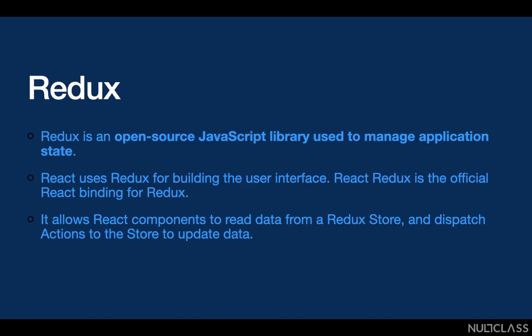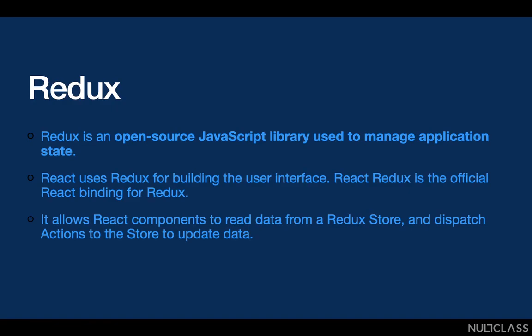So in our application, we will install dependencies like Redux as well as React Redux inside React. To access Redux, we will be using the React Redux dependency. That's how we will be using Redux.